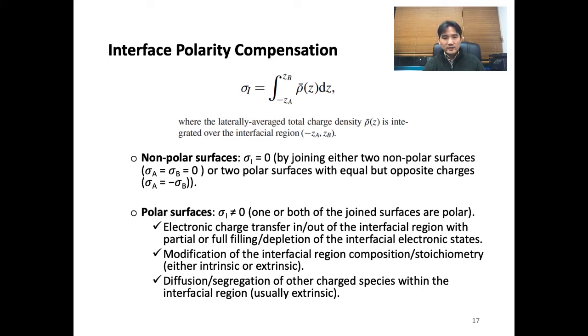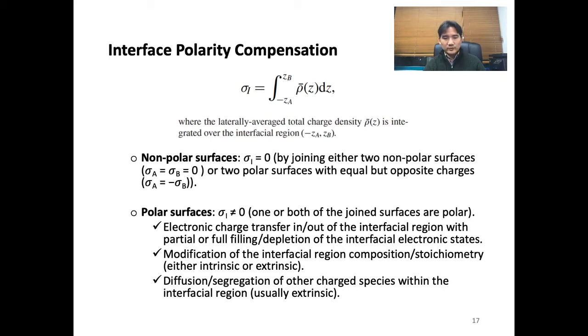And with this equation, sigma sub I is equal to the integral from minus Z_A to Z_B of rho tilde of Z dZ, we can evaluate the surface charge density.